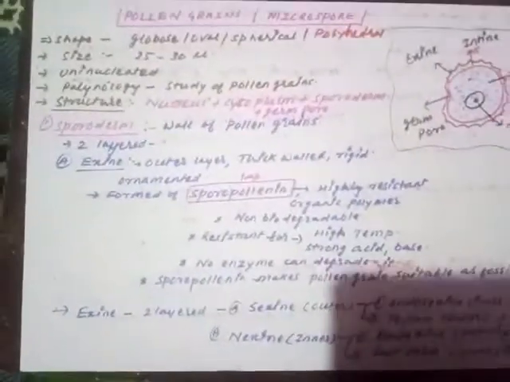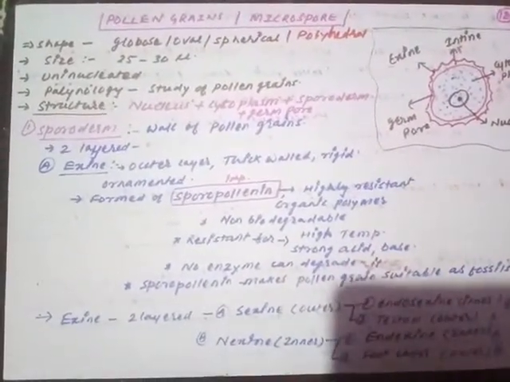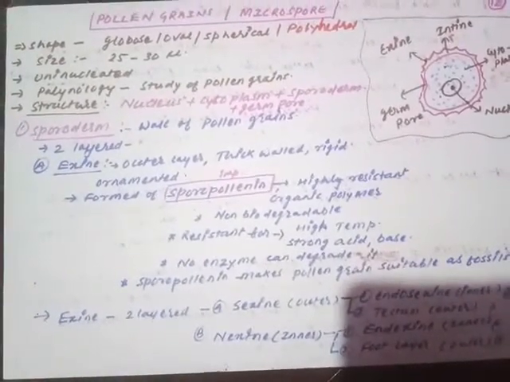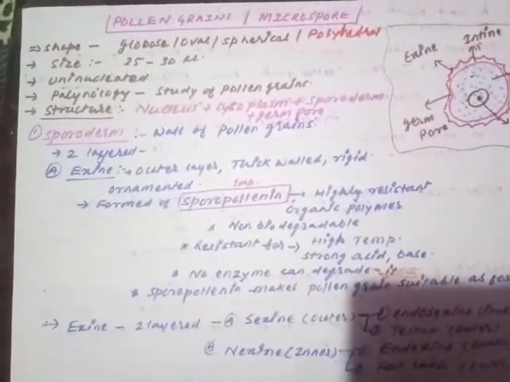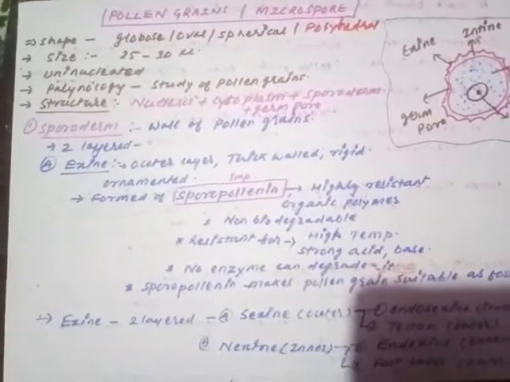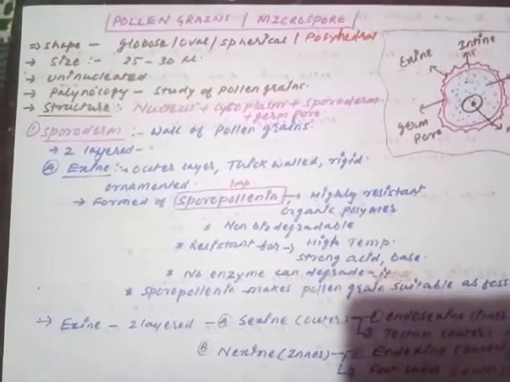Now we are going to see the structure of the pollen grain. The pollen grain or microspore is usually a complete cell, where the cytoplasm is there, where the nucleus is there, where the covering is there, and one important structure is there. So in a microspore, the cytoplasm is present, the nucleus is present, the envelope is present.